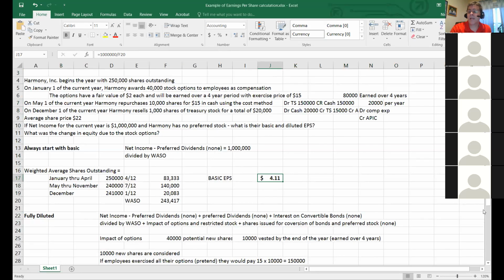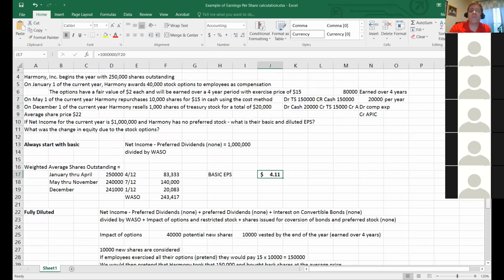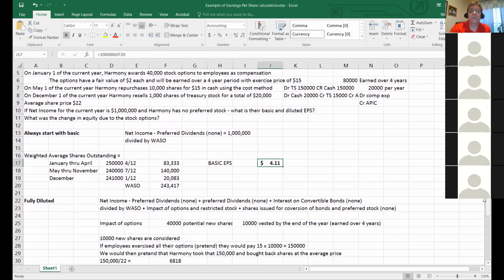Okay. So that is always our first step, to do the basic earnings per share the way that I just showed you by doing the weighted average. If they happen to have the number of shares outstanding the same all through the year, then you don't have to worry about this nonsense. You just take the number of shares outstanding and divide it, and you're good.